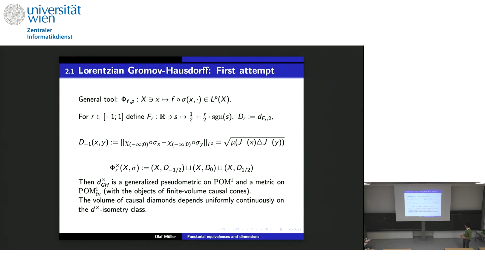So this is a generalized pseudometric on this little category, and it's a metric on the subcategory which consists of the objects of finite volume causal cones, for example, Cauchy slabs. Then it cannot take the value infinity, and then it's a true metric on it. And also the n-dimensional volume of causal diamonds is then a uniformly continuous function.